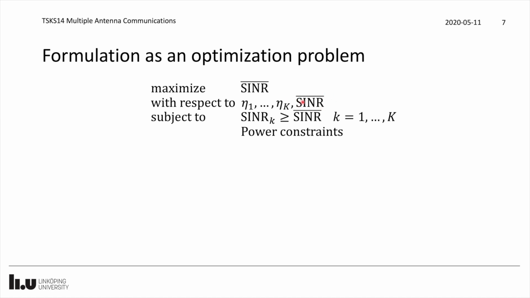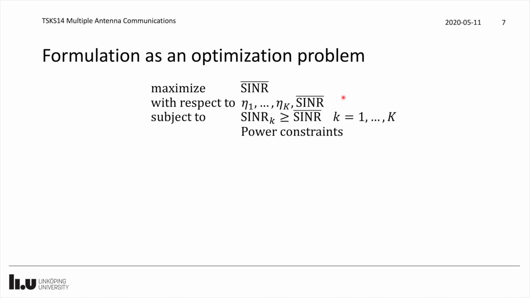And subject to, that means that we have certain constraints that we need to satisfy. One is that the SINR k, which was the expression I was showing you in the beginning of the lecture, containing A and B and the eta parameters, should for every user be greater or equal to this SINR bar value, for all users. And then we have the power constraints, which were different in the uplink and the downlink.